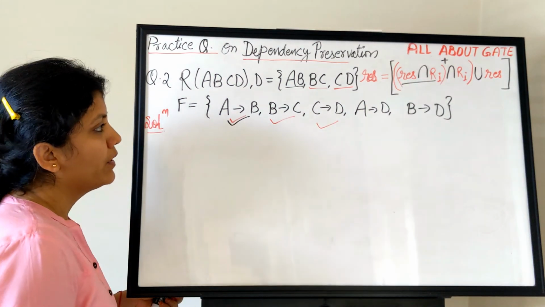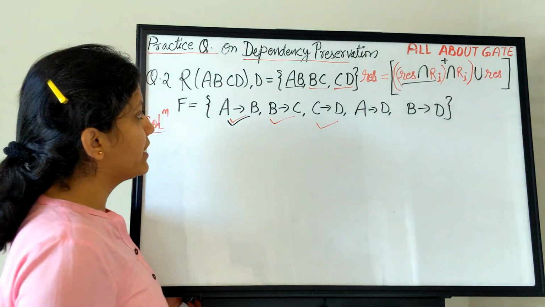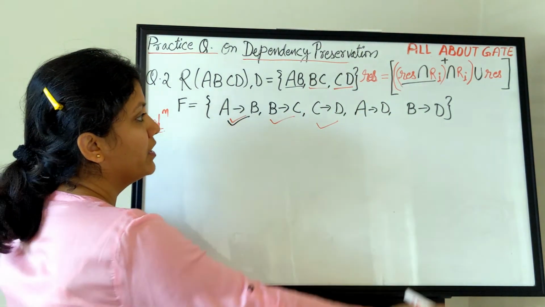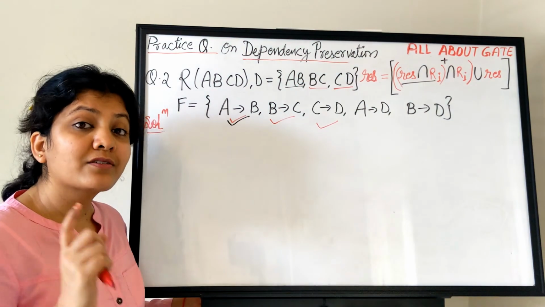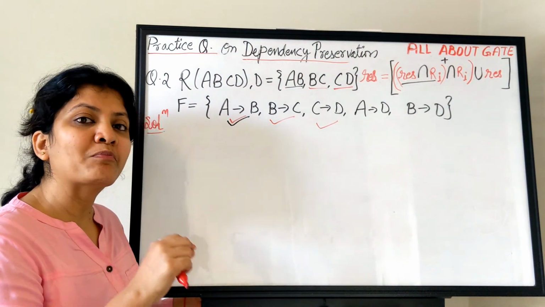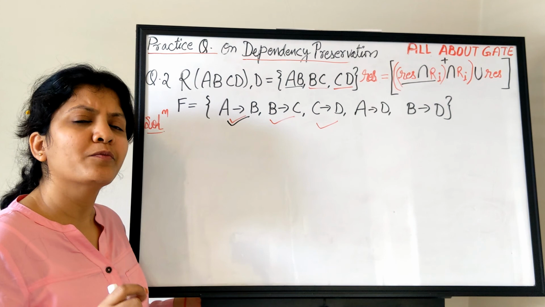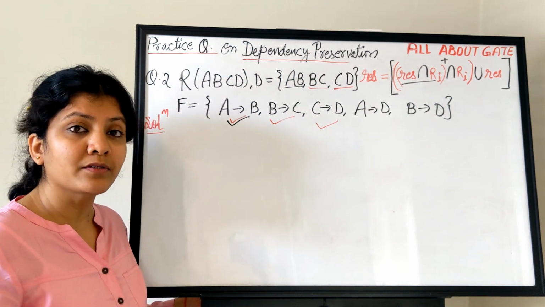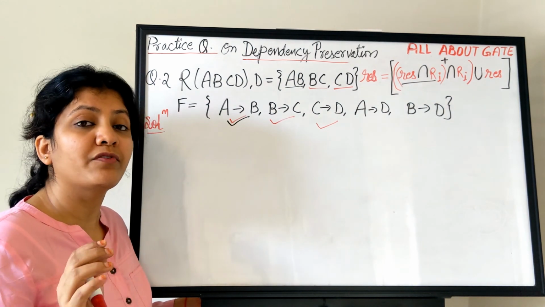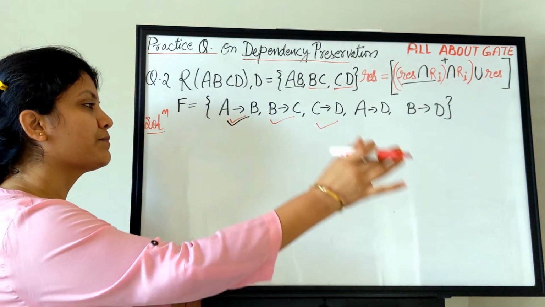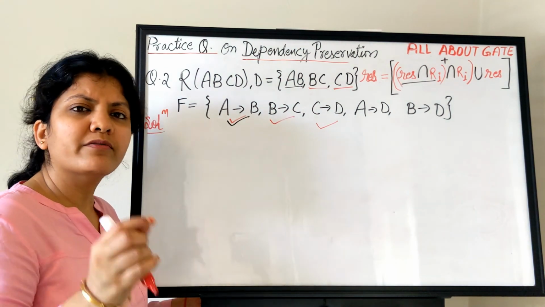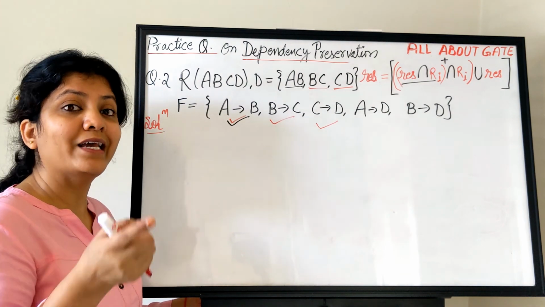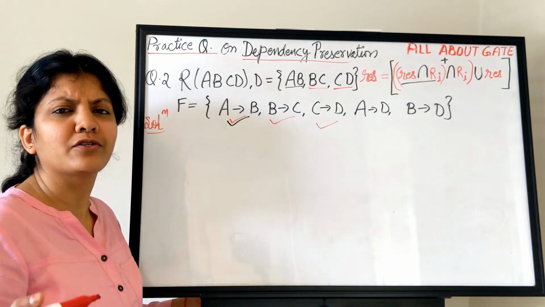Now next, A determines the value of D. Can you find any such relation which contains both determinant and dependent? No. B to D? No. I can still say in the blink of an eye whether they are present or not. How? You remember we understood all the inference rules, all the Armstrong axioms, which apply to each and every functional dependency. One very good and popular rule, which makes up your transitive dependency as well, is the transitivity rule.